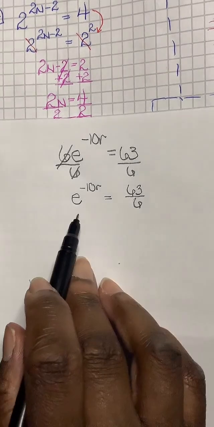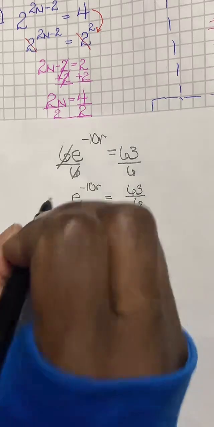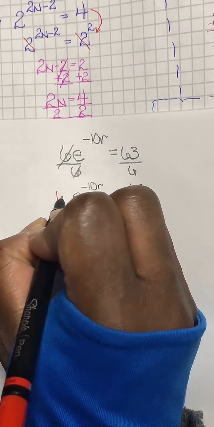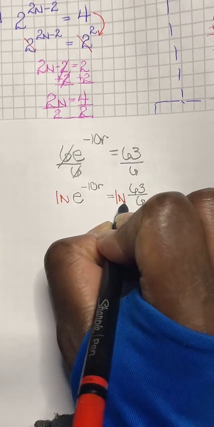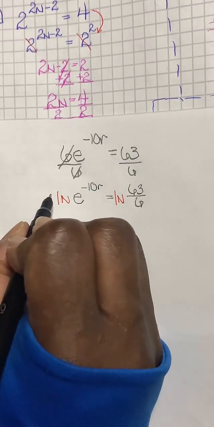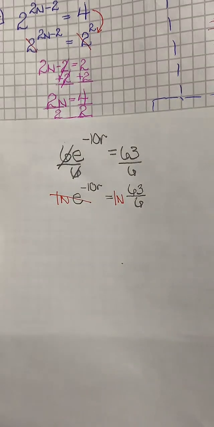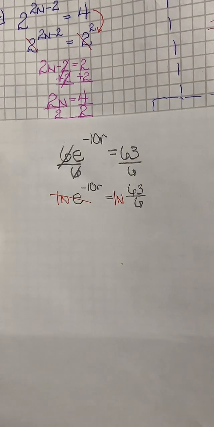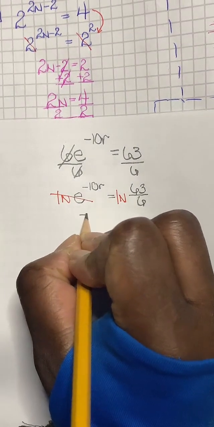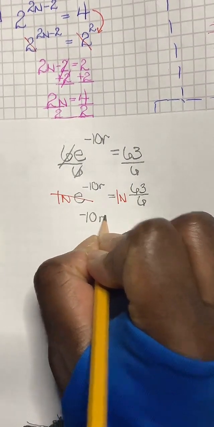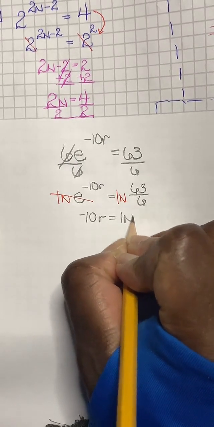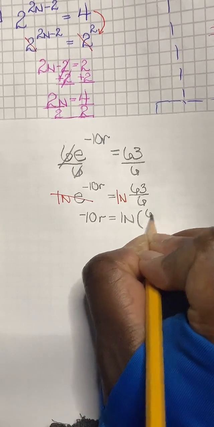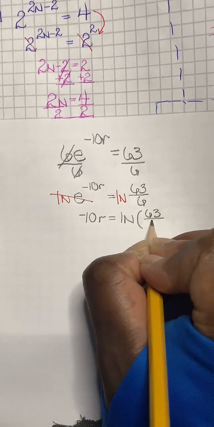Okay. So to get rid of the e, we're not going to write log, but we're going to write the natural log. Because natural log and e will cancel out. So then you have your negative 10r is equal to the natural log of 63 over 6.